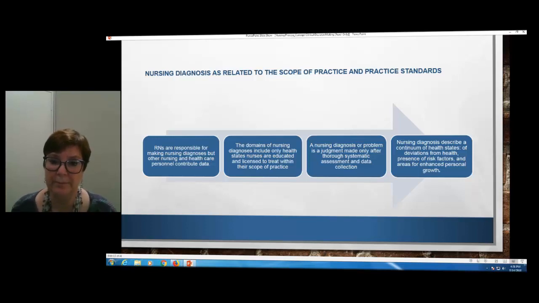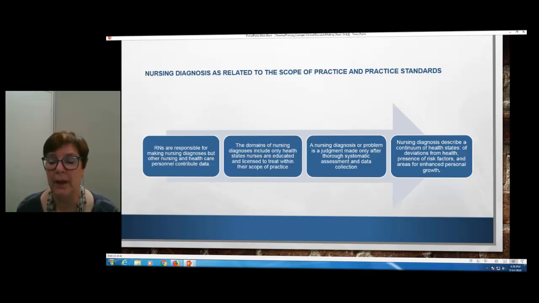So the nursing diagnosis is a problem, and it is your judgment that it is a problem, and you're going to arrive at it after a systematic assessment and collection of that assessment data. And it's going to describe a continuum of health states. It may include deviations from health.